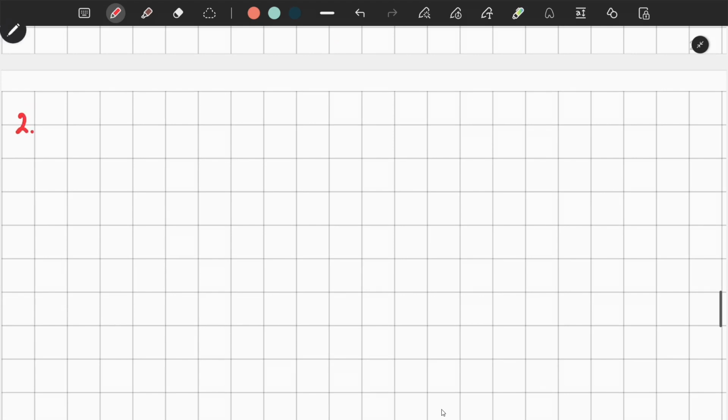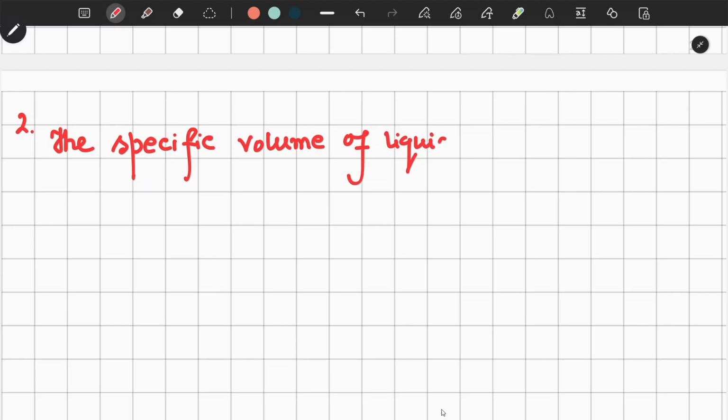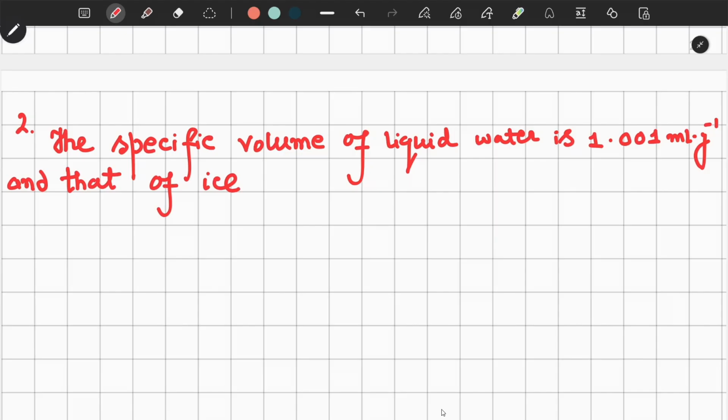Question number 2. The specific volume of liquid water is given in ml per gram, and that of ice at 0 degree centigrade.